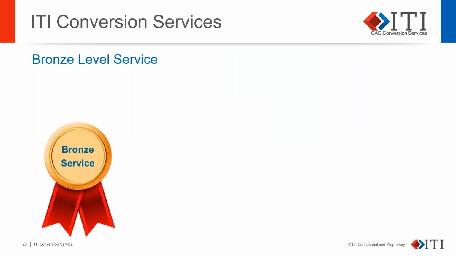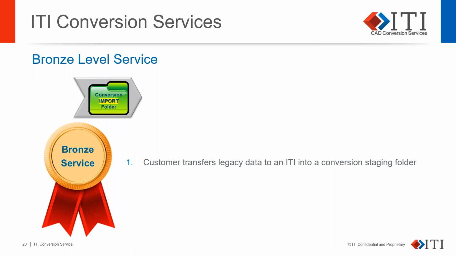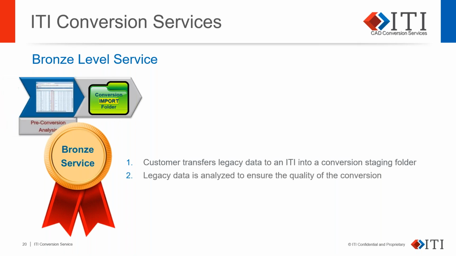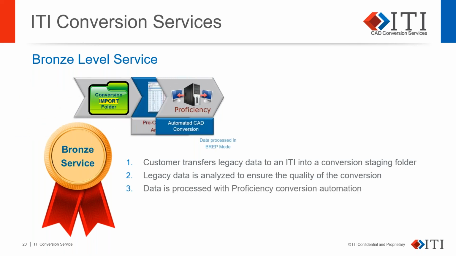So let's see how a project would pan out then. For a bronze level service, you would send ITI an import folder with that legacy CAD data in it, in a staging folder. ITI then runs a pre-conversion analysis, what we call an audit, on this data. This gives us a good idea of how the conversion will go, and we can find any bottlenecks or issues before we run the conversion. We will then run the conversion.